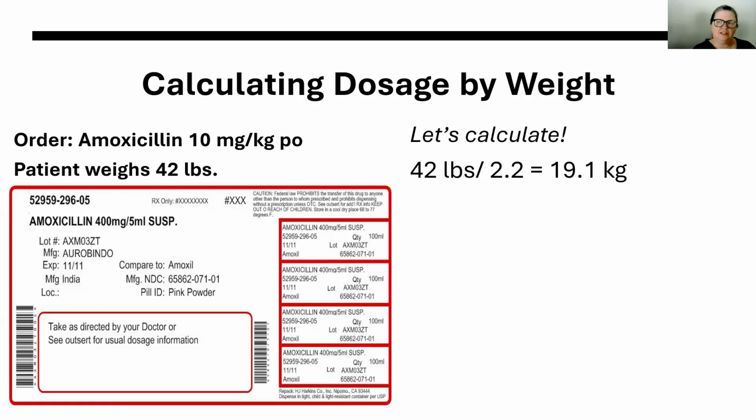Understanding that the kilogram number is going to be smaller than the pound number for the same weight, because a kilogram is only one and pounds are 2.2 of that. If your kilogram answer is higher than your pounds to begin with, you did something wrong. That doesn't make sense.